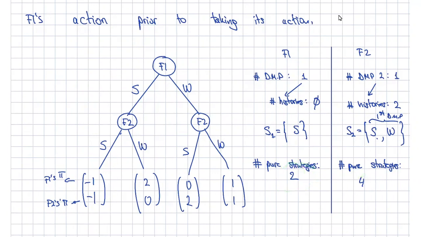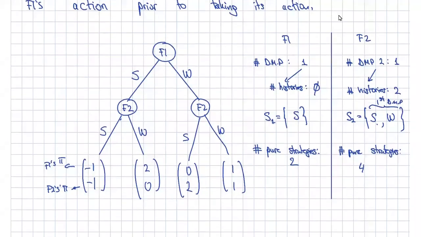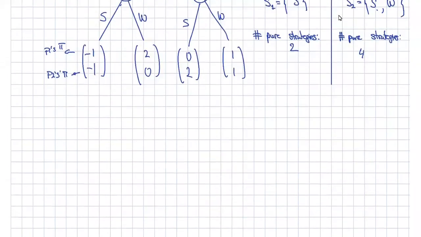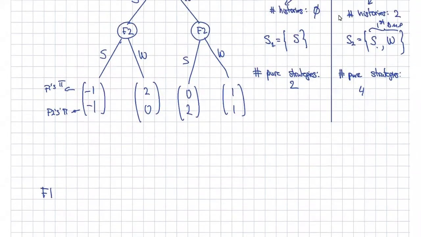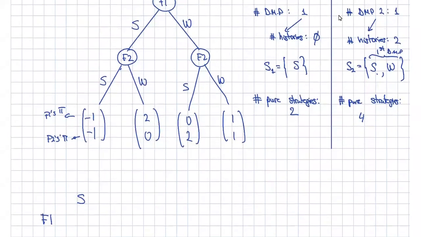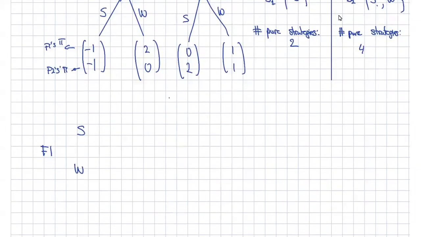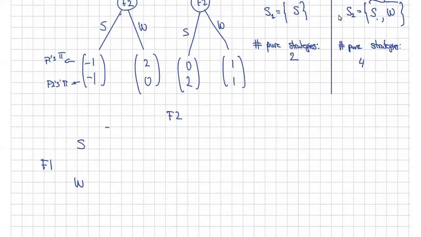So if I would want to represent this game in a normal form game, one of the properties of a normal form game is that you need to list all possible pure strategies. So for firm 1, I could say there's only 2 pure strategies, S or W. But for firm 2, because an action needs to be assigned at every decision-making point for all possible histories, there's 4 such strategies.